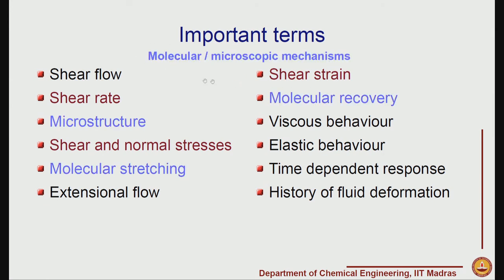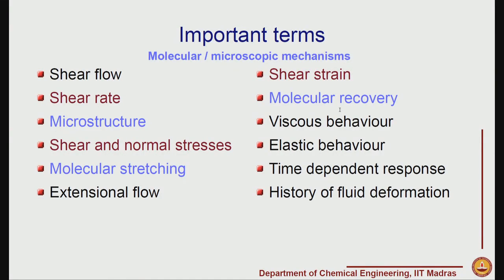The other important feature, in order for us to explain the flow phenomena in these materials, is the molecular microscopic mechanisms. In the case of colloidal systems, for example, we saw clustering of particles, which is an important mechanism, and network formation, which might lead to the behavior that we see in practical terms. Similarly, in the macromolecular case, we saw stretching and recovery as being very important in understanding the overall phenomena.